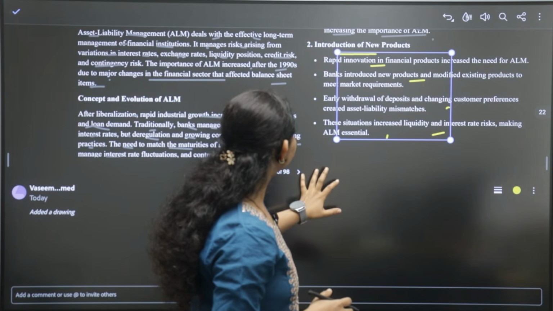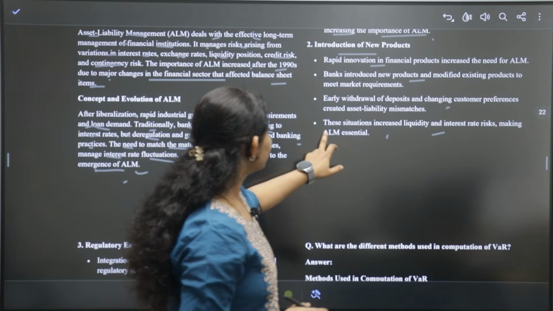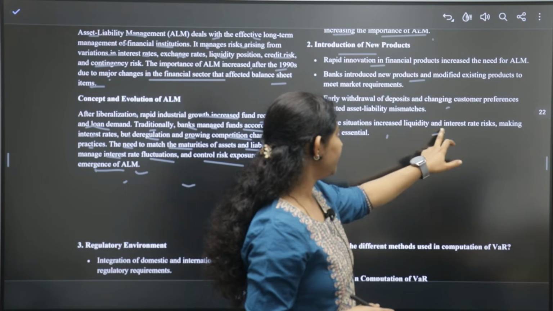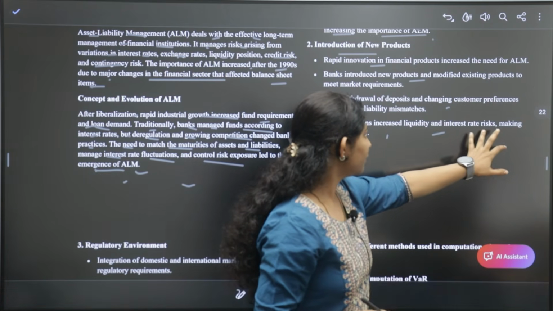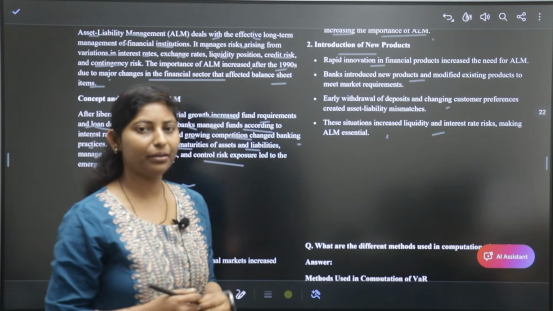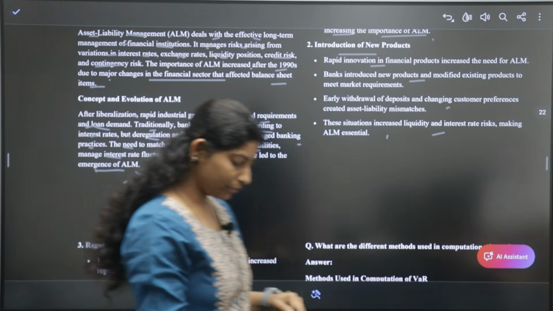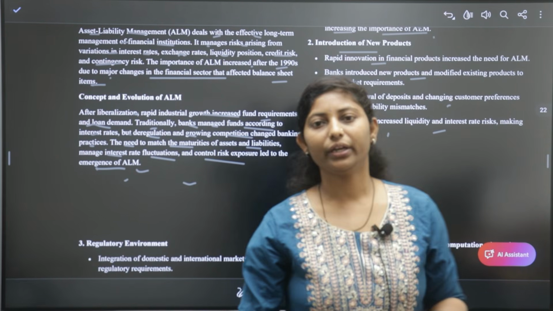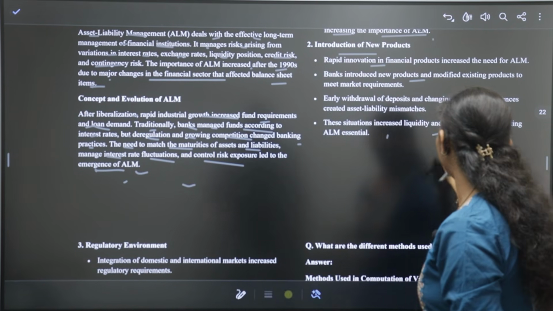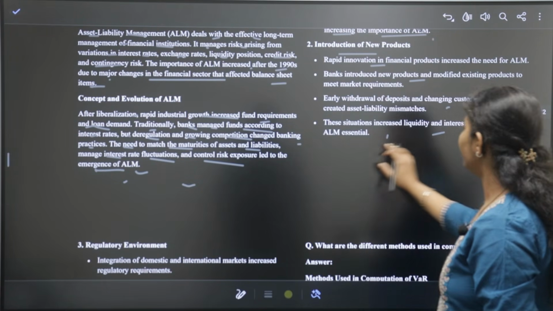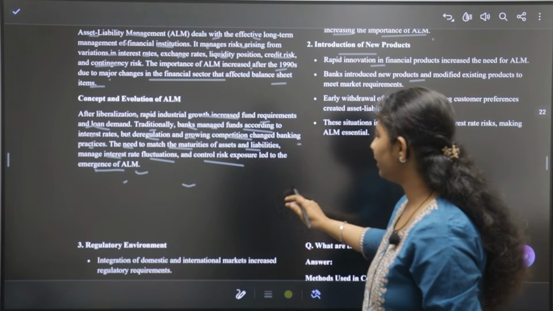And next, these situations increase liquidity and interest rate risk, making ALM essential. So the ALM concept will help here to improve our liquidity. Okay, so interest rate risk too, making ALM very essential.